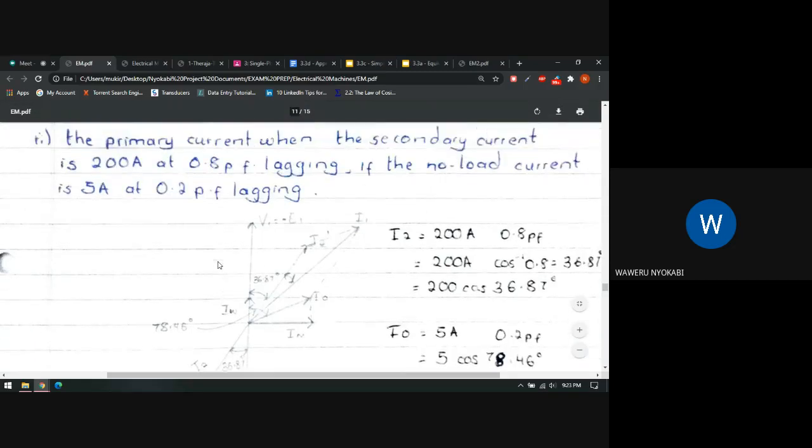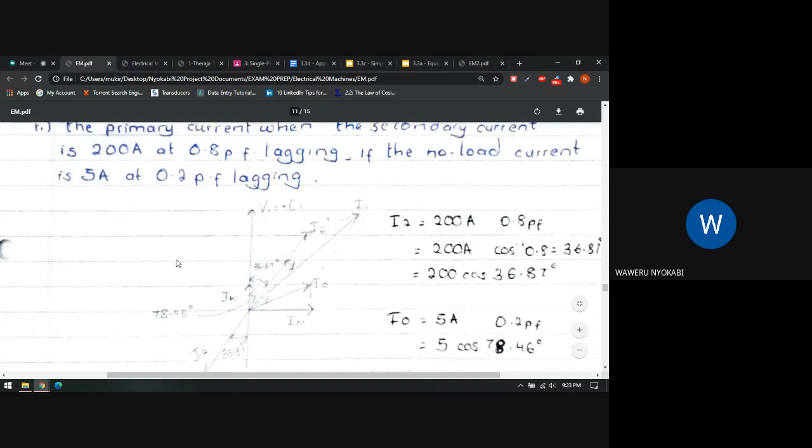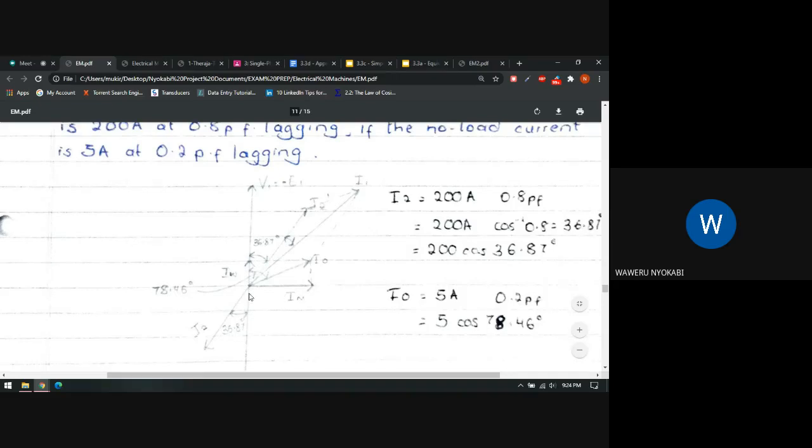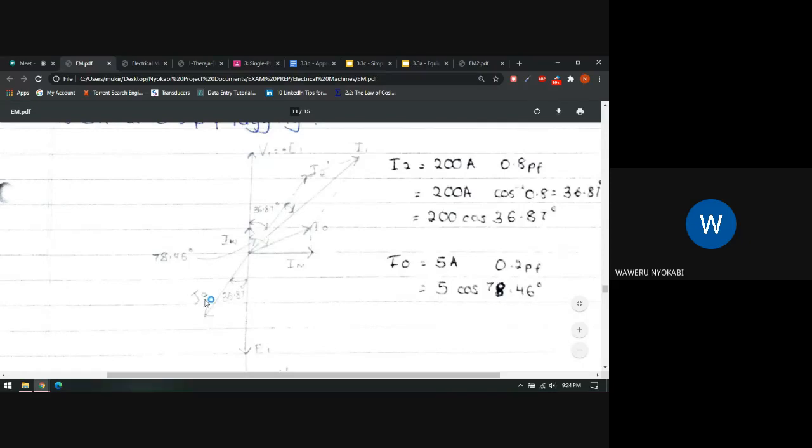We've been told that the secondary current is 200 amps at 0.8 power factor. Remember, power factor is cos theta; in this case we call our angles phi. So if you find the angle, it's 36.87. Remember, I2 is the one over here, so it's lagging V2 by 36.87.